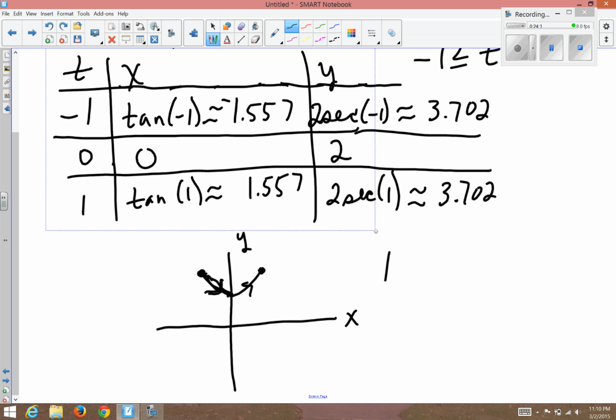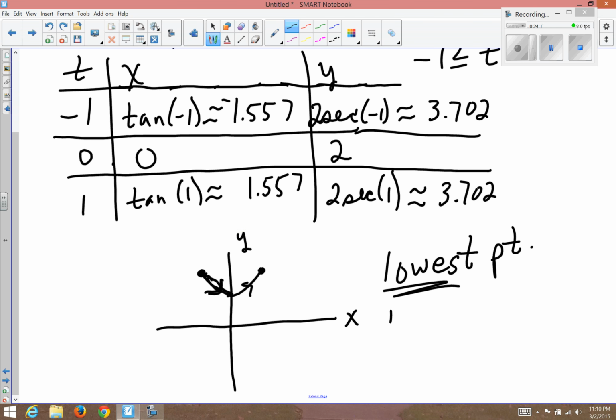It says identify the lowest point. To find the lowest point means to minimize the y. The y axis goes up and down. If I want the lowest point on this, it means I want the smallest y.